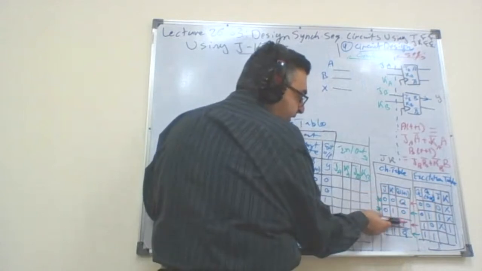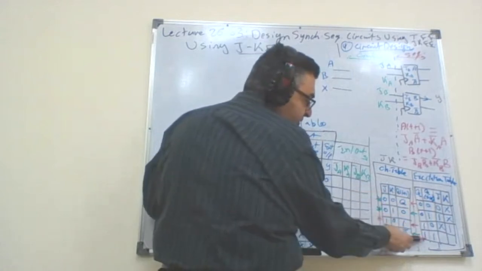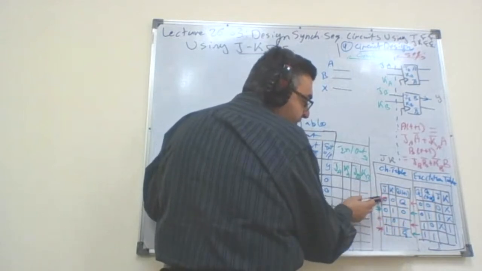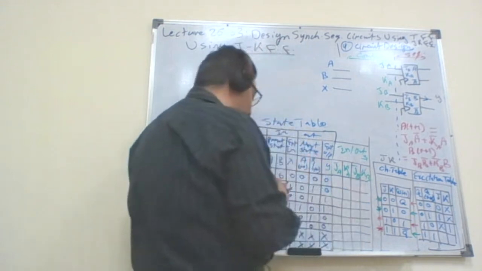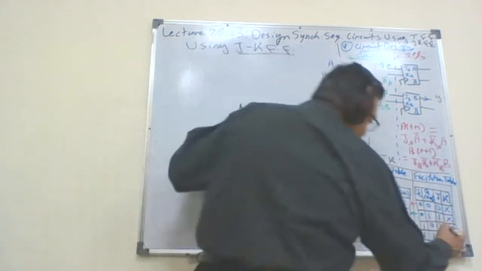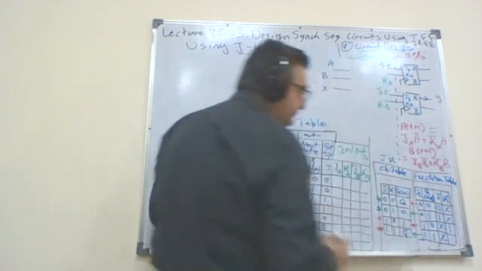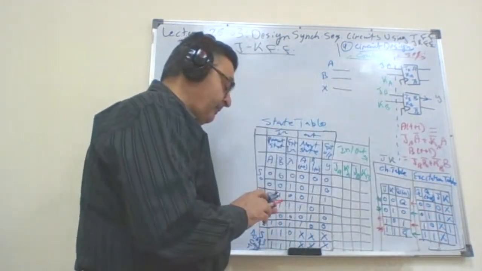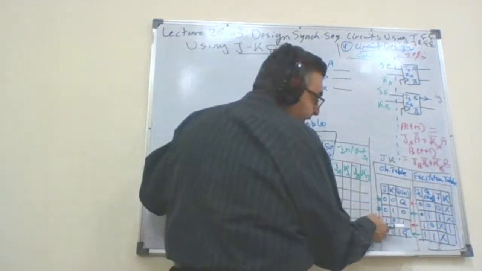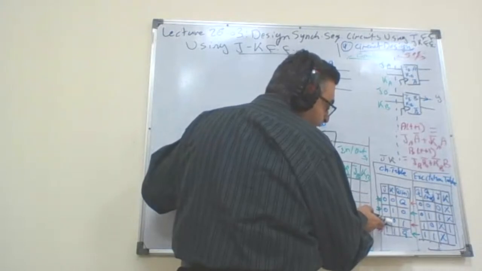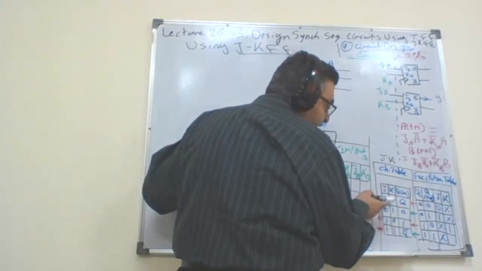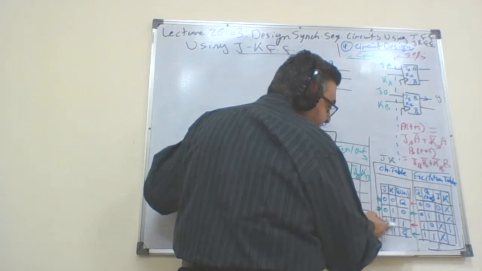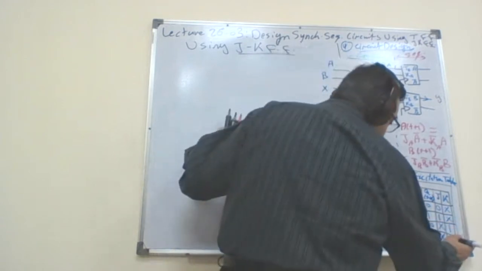So the first and the third satisfy this option. In the first and the third, I have J either 0 or 1, which means J is a don't care. Also, I can check the value of K. The value of K is 0 in both of those cases. That means definitely K here should be 0.